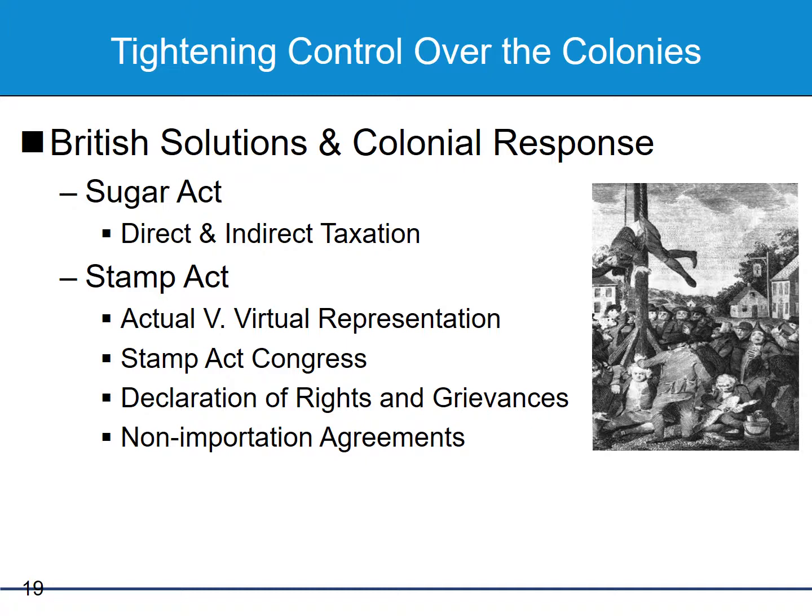So the way the Stamp Act worked was the Stamp Act placed a tax on all paper documents. Legal documents, contracts, licenses, insurance documents, even newspapers, playing cards, anything that was made of paper was subject to this Stamp Act.